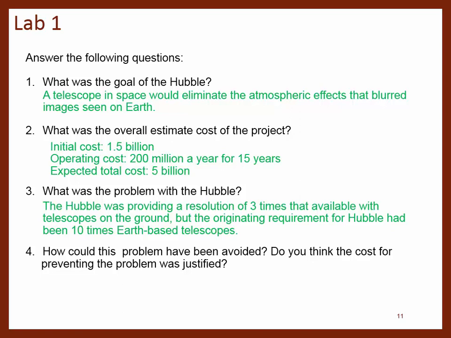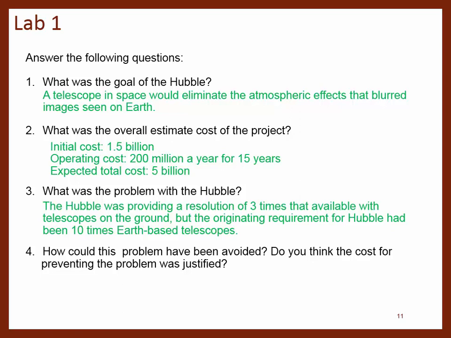Is this something? Well, yes. If you're putting all this money into something, right? You want to get as close as possible to the goal. So 3 times looks like not a major difference to what they already had, and after putting $5 billion into this project, that was not enough.